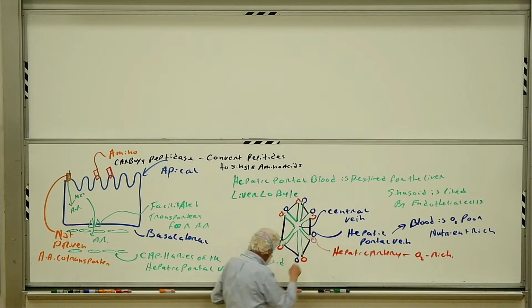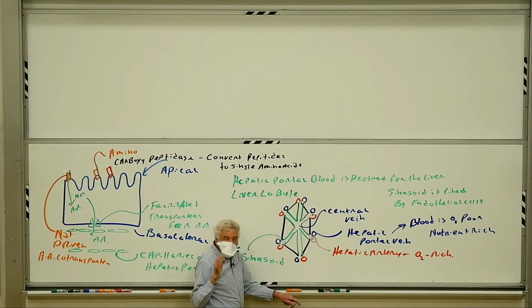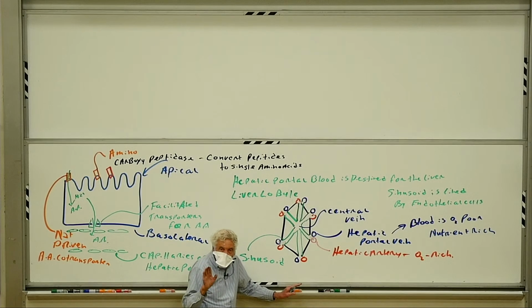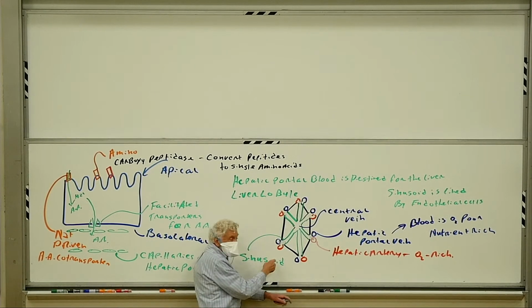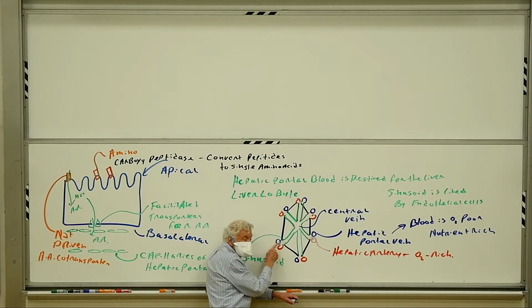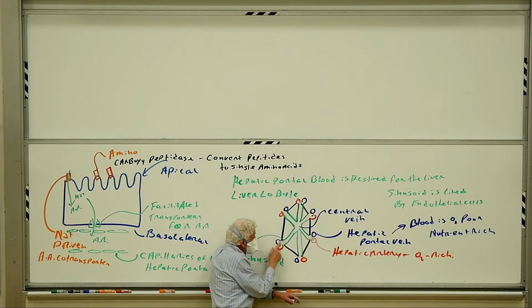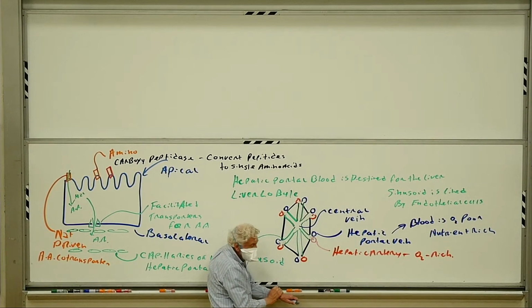So this central vein of the liver lobule is going to drain the blood out of the liver, but let's follow the course. Two forms of blood are coming into the liver. One, oxygen-rich through the hepatic artery. The other is oxygen-poor, but nutrient-rich, through the hepatic portal vein. This blood then mixes in the sinusoids.